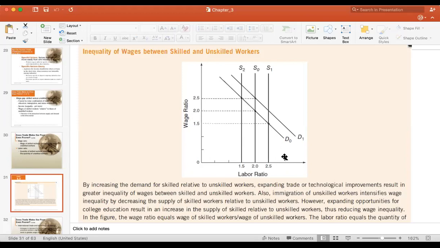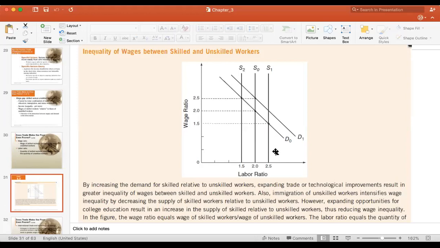Increase, decrease, stay the same? What is going to happen?